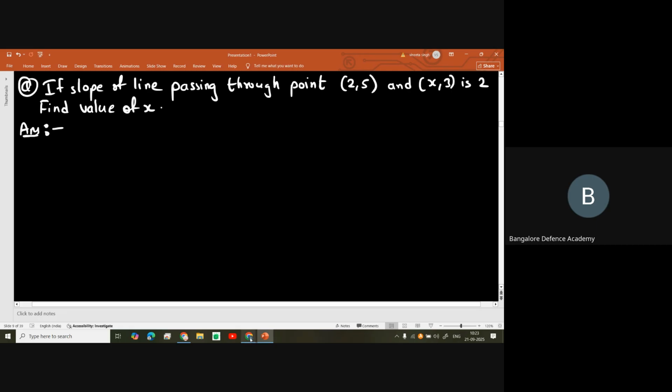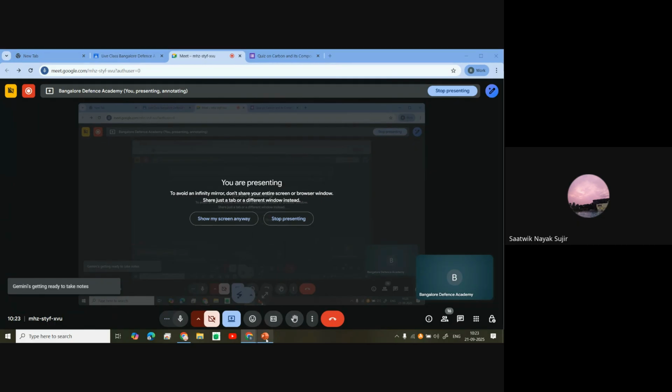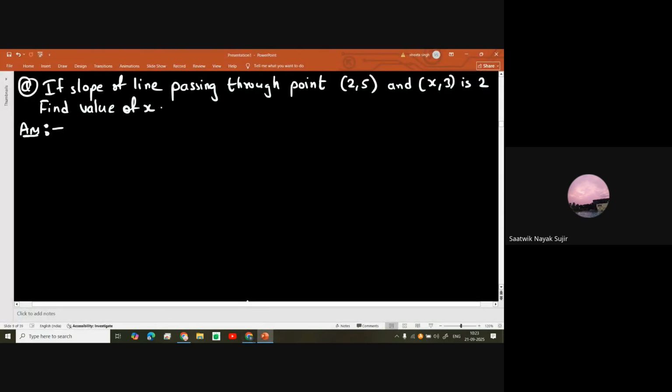So they have given the slope here. X is 1. Is done.